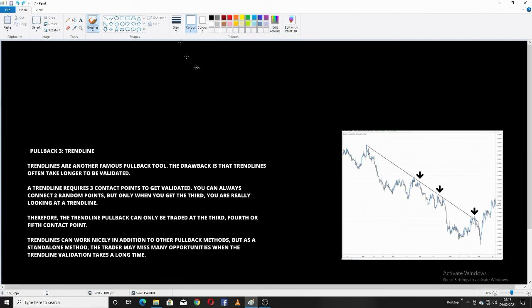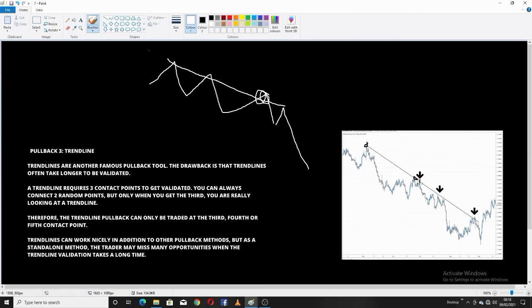So if you have a price moving like this, and when you put your trend line like this, it connects, you can start looking for sells at your third touch. Even at the fourth touch, you can start looking for a sell. Just like here, you see, there was the first touch here, the second touch here.